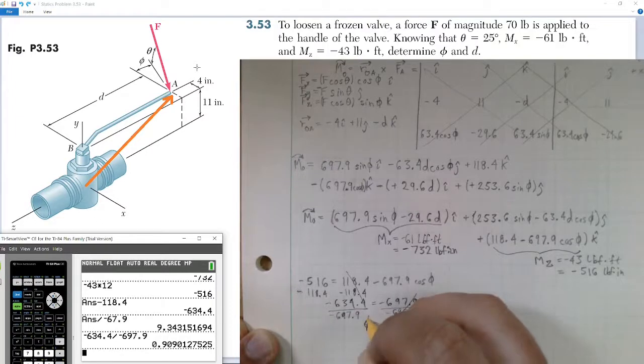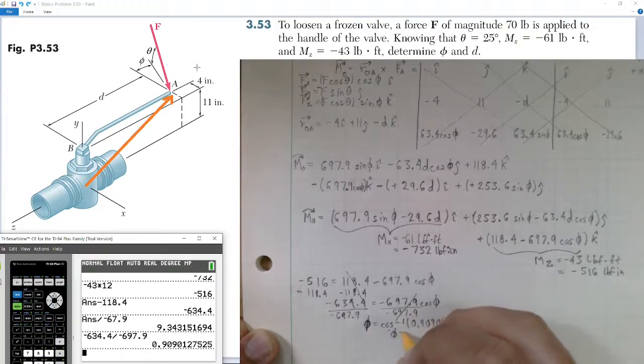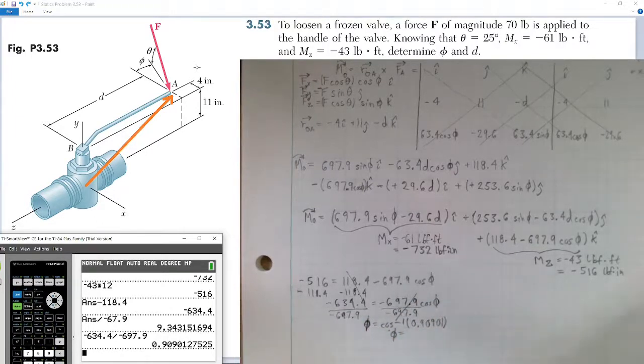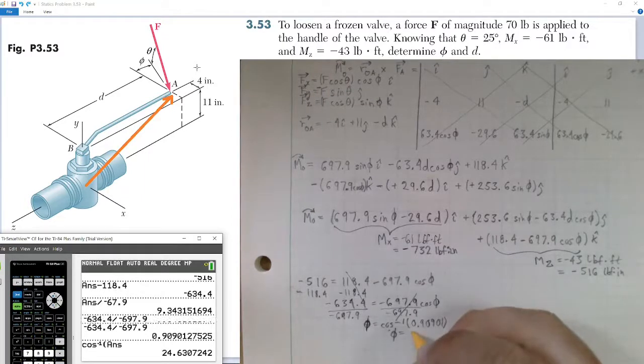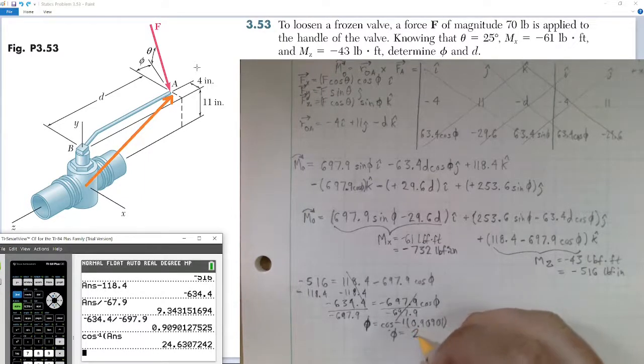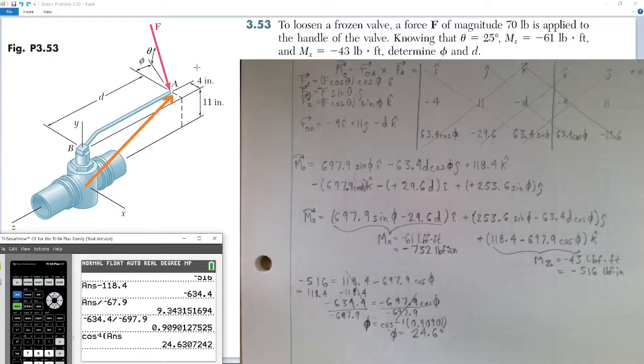Our angle phi, if we do cosine inverse, make sure we're in degrees, is therefore going to be 24.63 degrees. So we now found our angle phi.